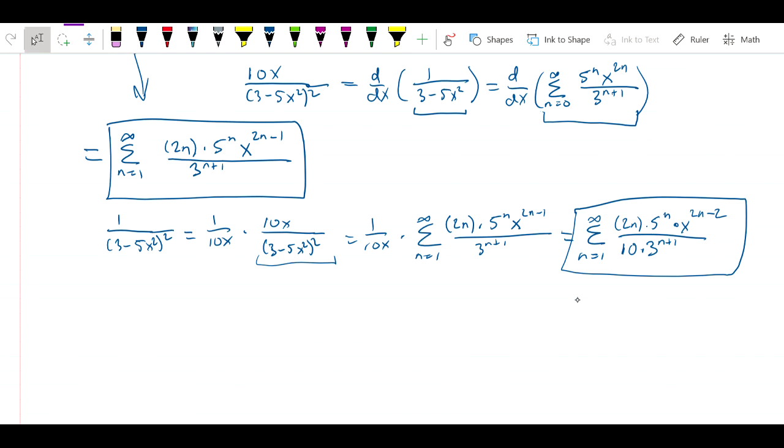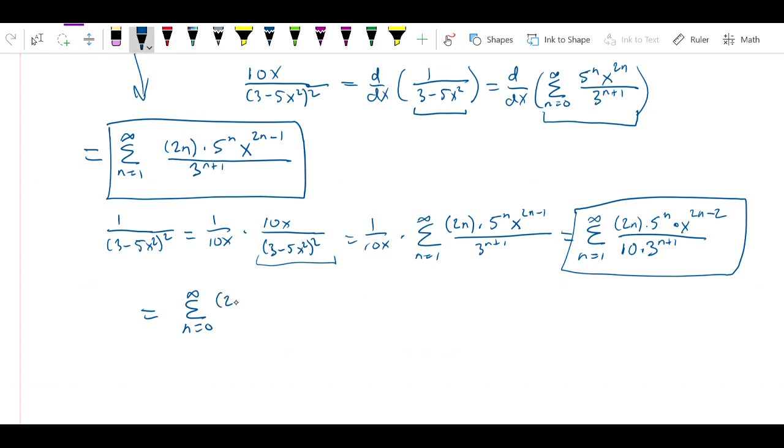Now, this is a perfectly good way of writing the series, but it's often common to try to clear out this sort of awkward exponent on the x. So it would also be correct to write this as the sum from n equals 0 to infinity of, if I'm going to start at 0, then I have to advance n by 1.